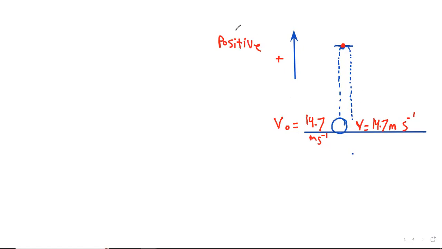But V final is going to be negative 14.7. Why is that? Because the direction of V final is opposite to the positive sense. Here it's negative 14.7 meter per second.